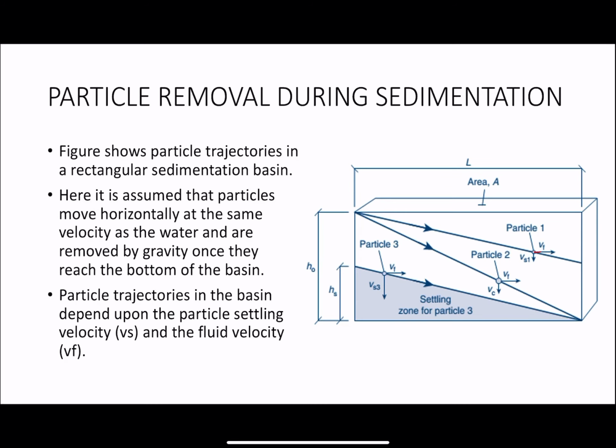The particles are moving horizontally at the same velocity as the water, and are removed by gravity once they reach the bottom of the basin. So this is the bottom of the basin. And of course, the water is moving that way because the water is coming out from the other side.